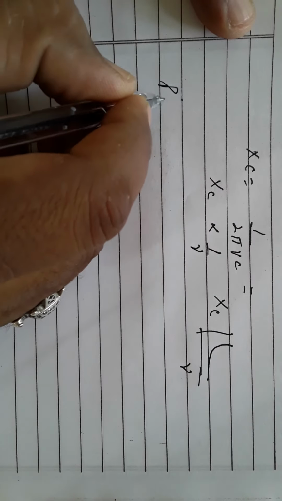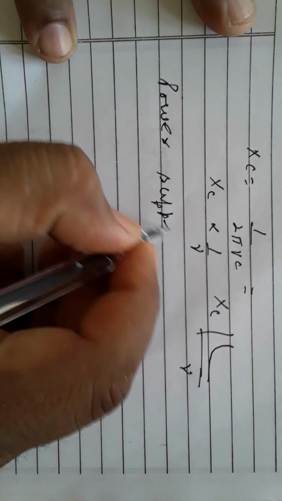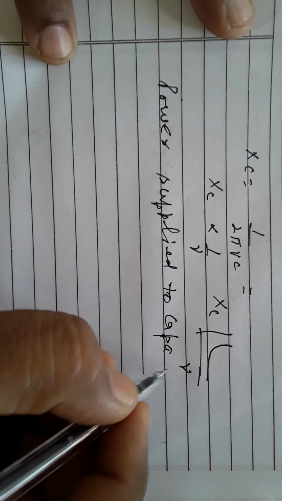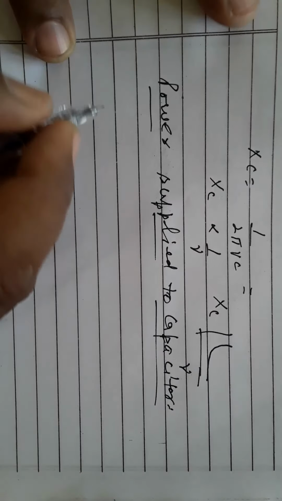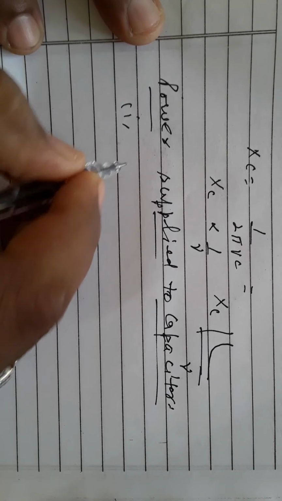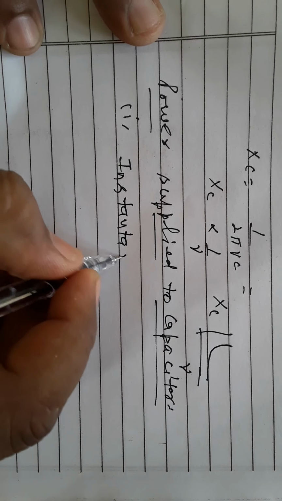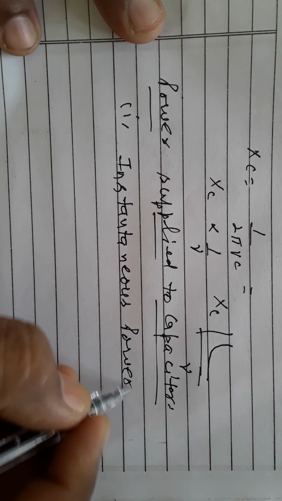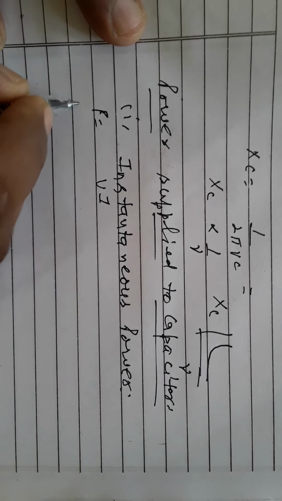Now, power supplied to a capacitor. First, instantaneous power. Instantaneous power P is equal to VI.